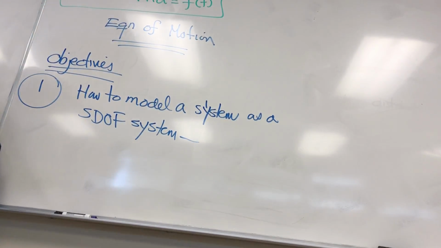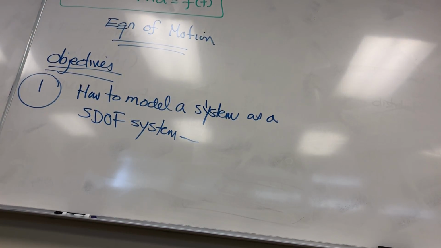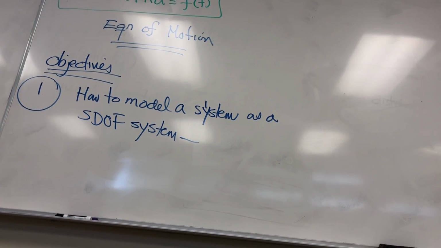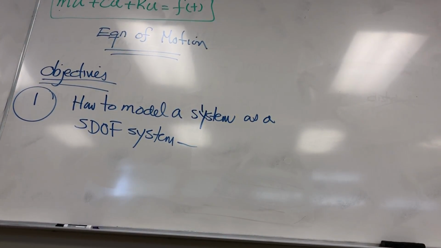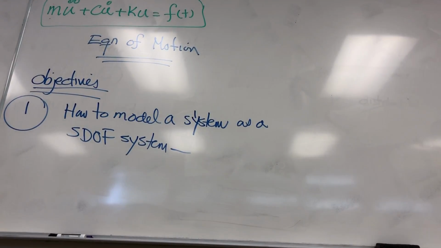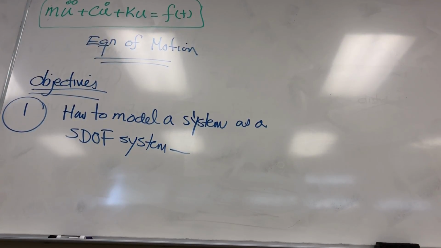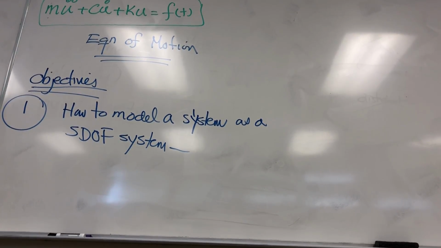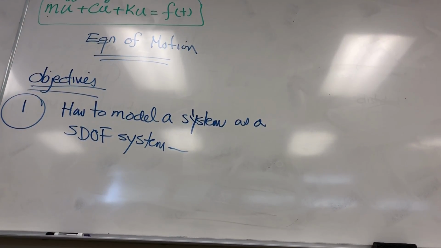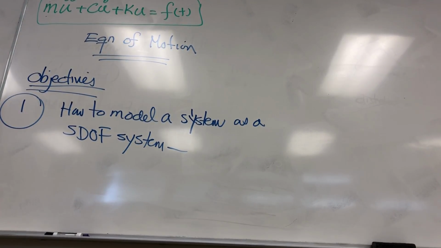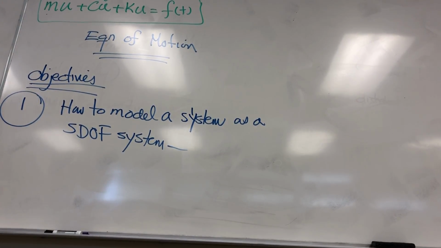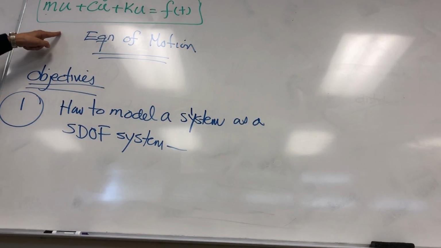In other words, if you're given a mechanical system or a structural system or naturally made system, how can you identify what is this lumped mass, what is this stiffness, and what is this damping element? If you can succeed with that, in other words, if you can identify the actual value of these in terms of the physical and geometrical components of the system, that's it. Because then you can easily set this up, right?